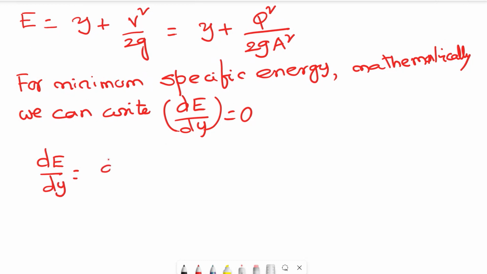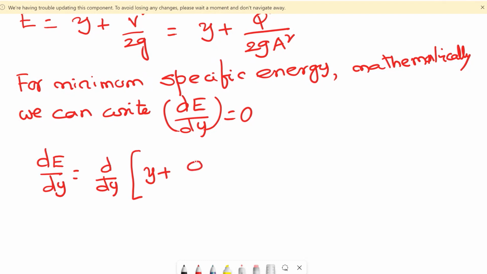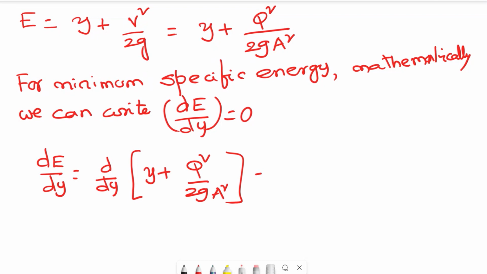It is equal to d by dy of y plus Q squared by 2gA squared. It is equal to dy by dy, which is 1, plus Q squared by 2g into A squared. If it goes to the denominator, A to the power of minus 2. Then differentiating, it is minus 2 into A to the power of minus 3 into dA by dy.